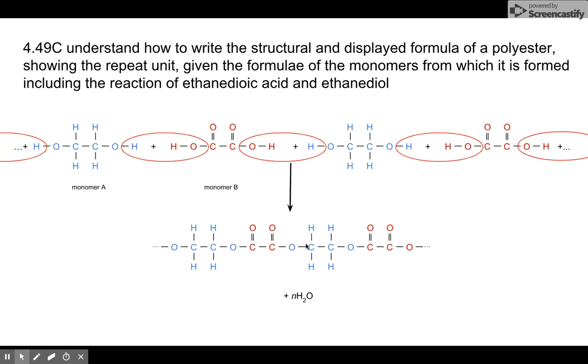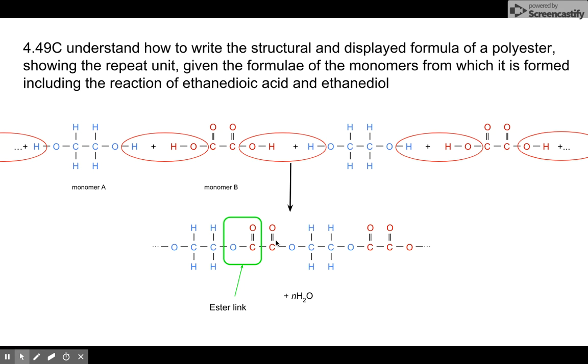And essentially what we've got is this structure here, which goes on. So we've produced here a polymer from monomer A, ethane diol, and monomer B, ethane dioic acid, and at the same time, we've got a byproduct, a side product, something we're not particularly interested in, and that's water.